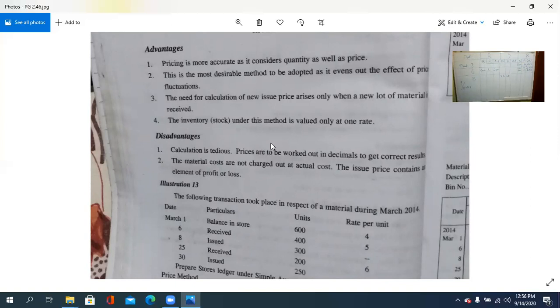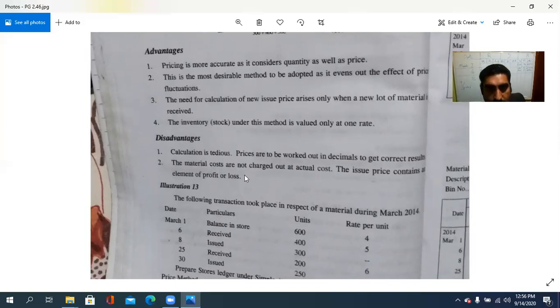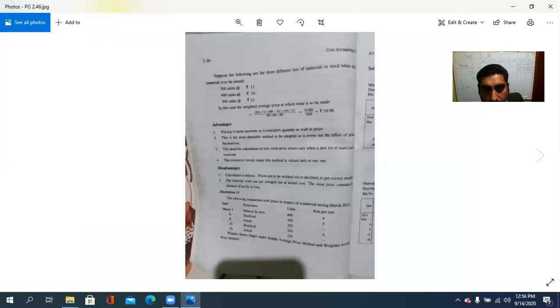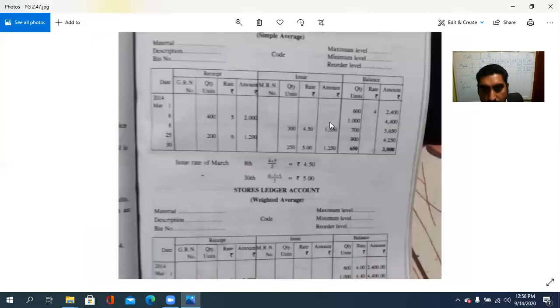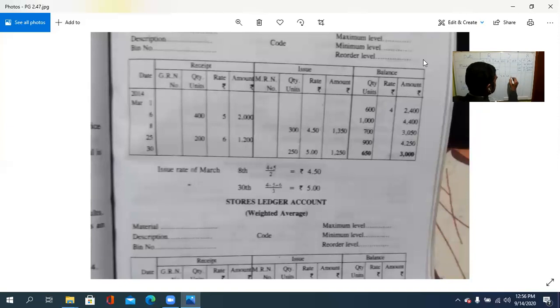So 9 by 2, 4.5. So 300 into 4.5, so it is 1,350. Okay. So 600 minus 300, how much is it? 700 for the units, and the amount: 2,400 plus 2,000, 4,400 minus 1,350.